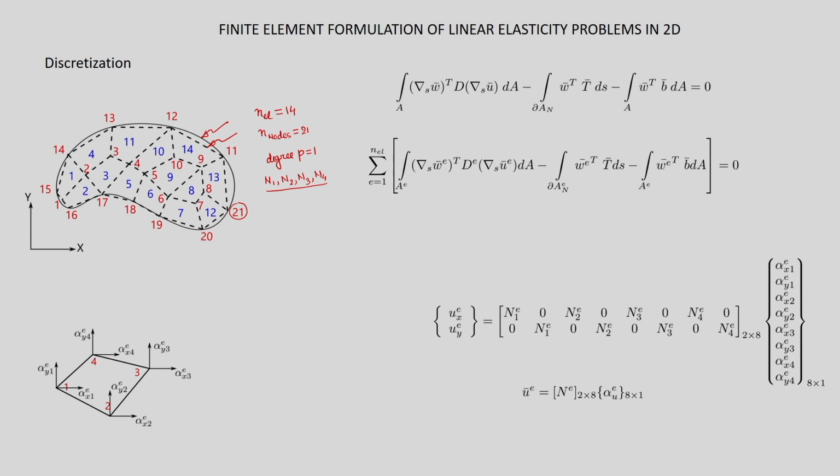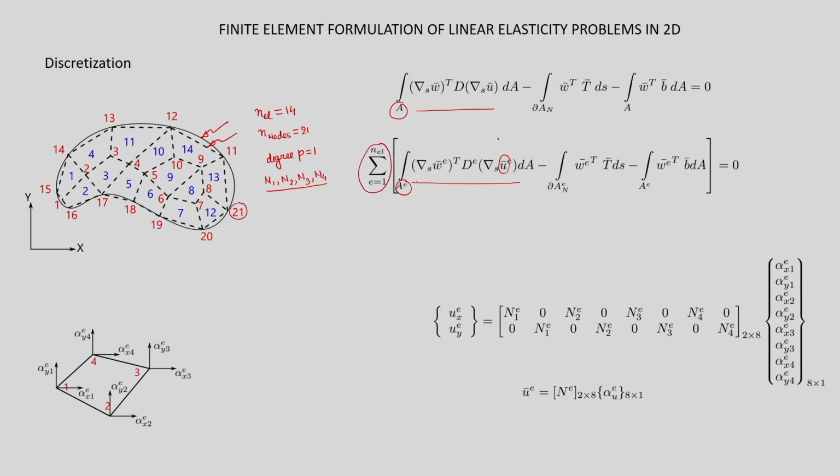Now, we have to express the displacement u in terms of these shape functions. So, first what we have done is that this integral, which was on the entire area, on the entire domain, we have written as the same integral over a particular element A^E, and then we have summed it up over all the elements.